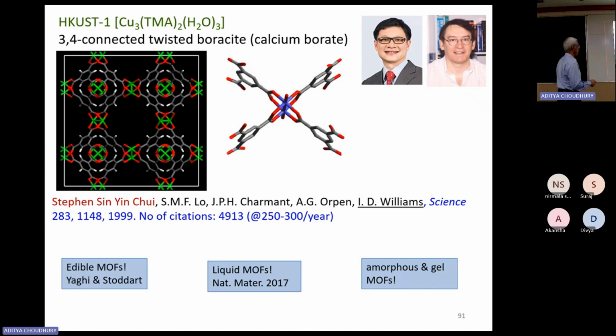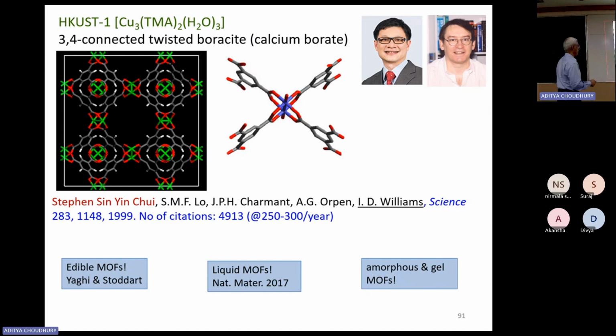At the same time, this HKUST is another MOF developed by Hong Kong University of Science and Technology by my friend here, Ian Williams, and his student, Stephen Chui.